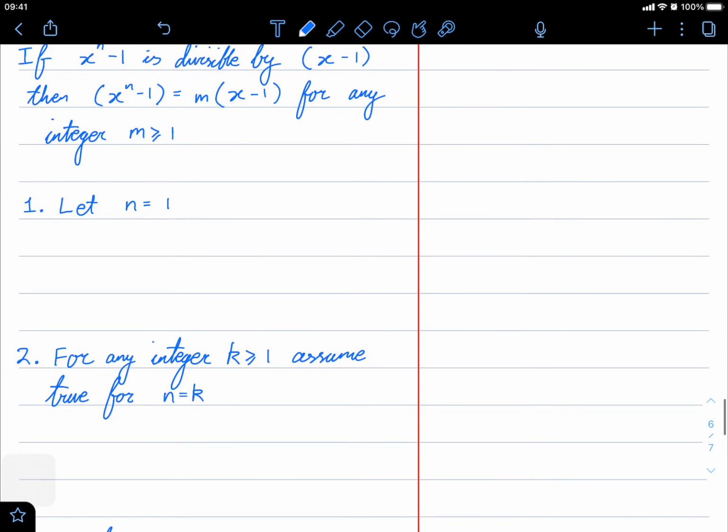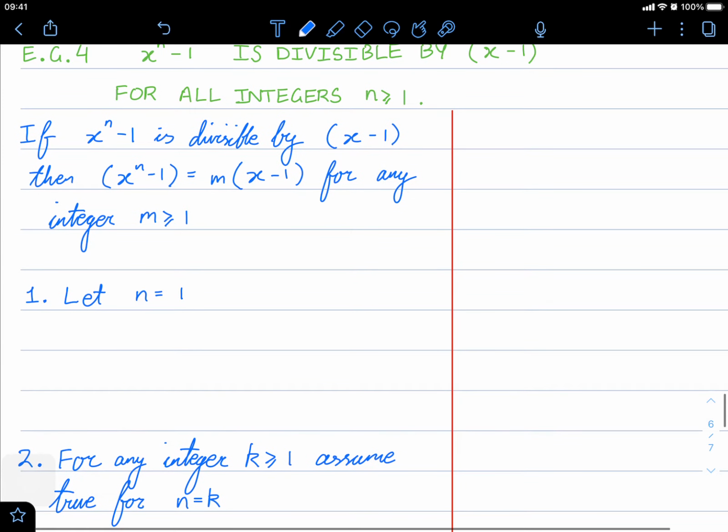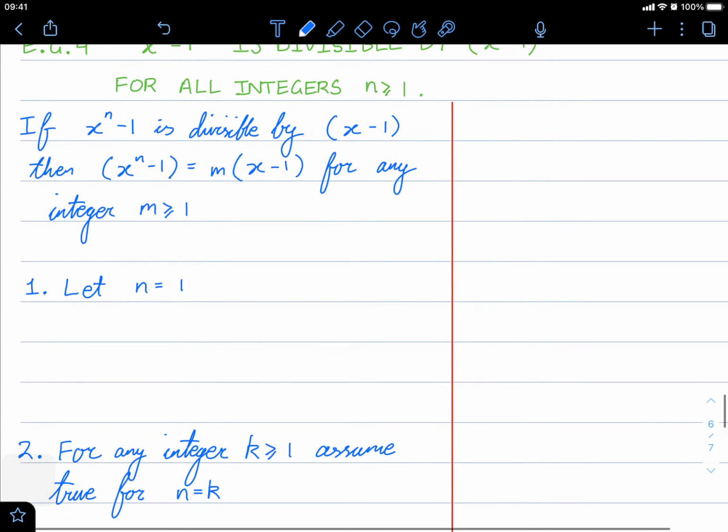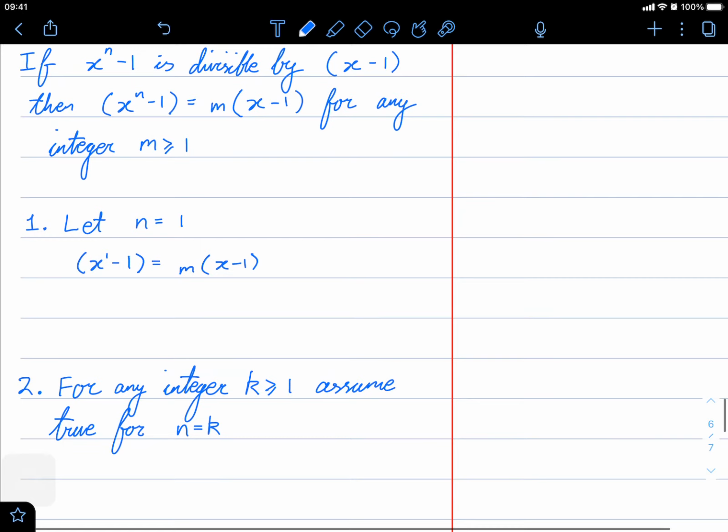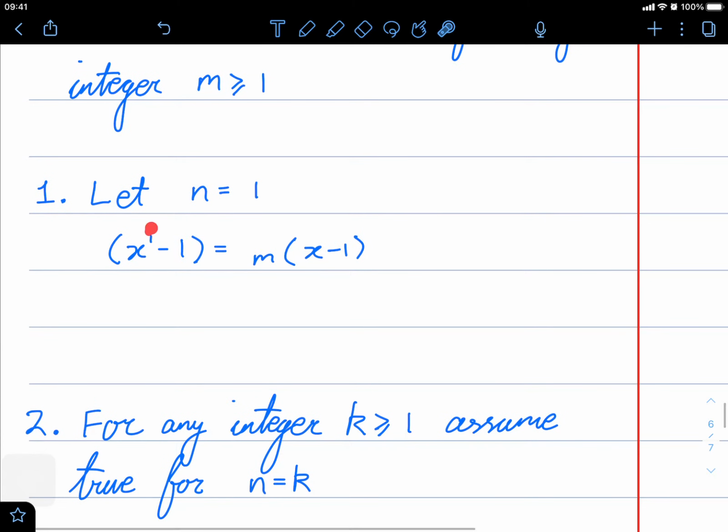So first, as always, we test for the smallest value in the domain. So it becomes x to the power of 1 minus 1 is equal to m outside of x minus 1. Well, that's rather straightforward because x to the power of 1 is just x.